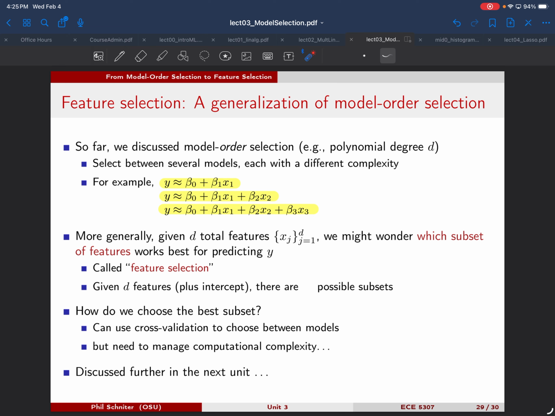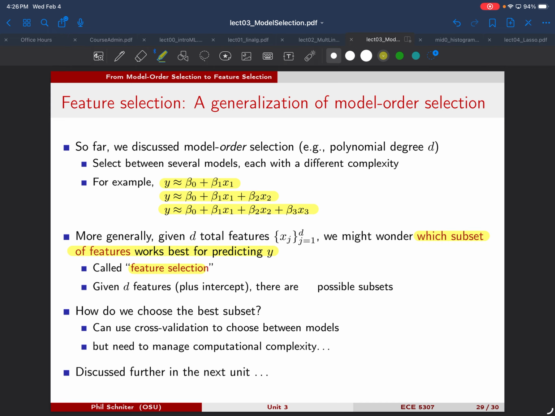But sometimes you might say, well, why can't I do something like, for example, use x1 and x3, but not x2? Okay, so once you start thinking that way, what you're really talking about then is no longer just model order selection, but what we call feature selection, or choosing which subset of features to use for predicting y.